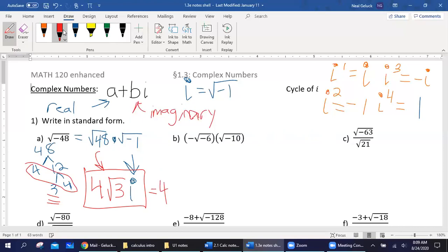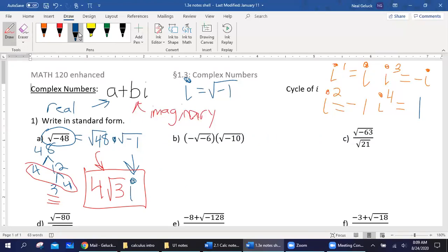Some people like putting the i in front of the square root. That's fine. Either one, whatever you prefer. So the main drive of this first problem was to show that here's basically how we deal with the square roots of negatives. If we have the square root of a negative, extract out an i, and then you've dealt with the negative part of it.